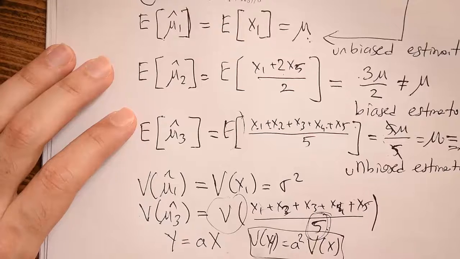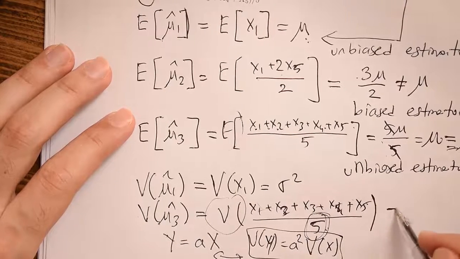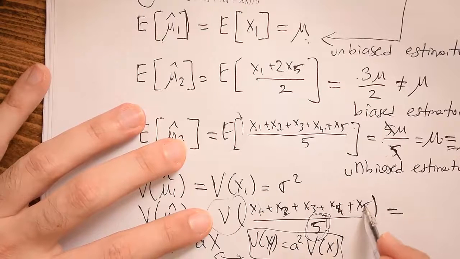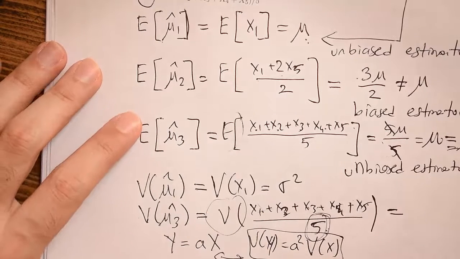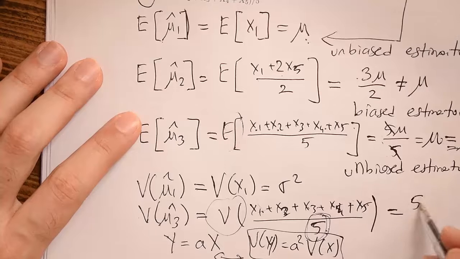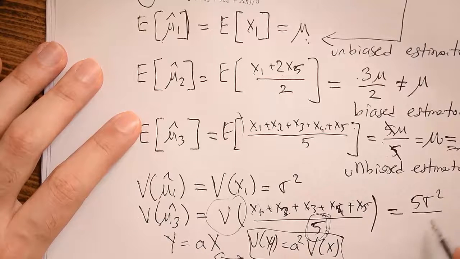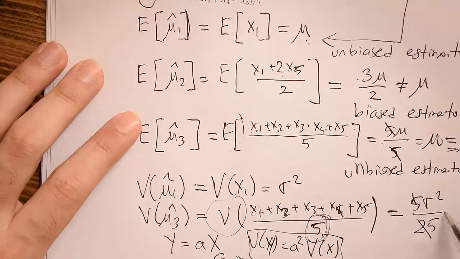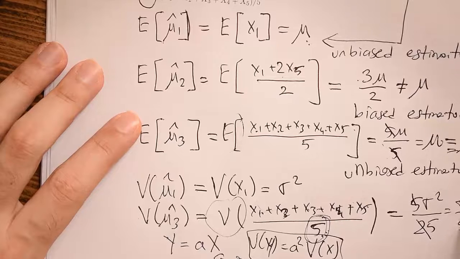Remember this relationship? So from here, we can conclude that the variance of x1 plus x2 plus x3 plus x4 plus x5 over 5 is given by 5 times sigma squared for each one of them, divided by 25, because it's squared. So these cancel each other out, and this is going to be sigma squared over 5.